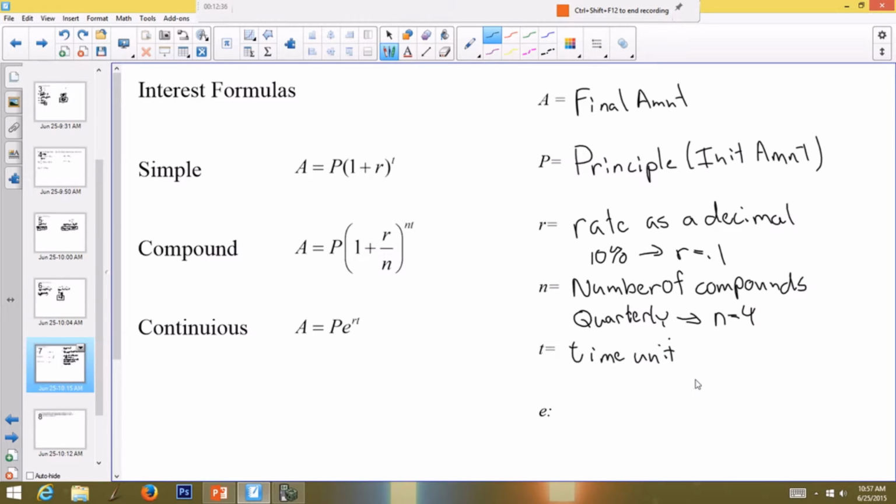A lot of times that's going to be years, but I say it's a time unit because you could do days, minutes, seconds, whatever you want it to be. Doesn't really matter. And e, again, is Euler's number, and that's located on your calculator. I'm going to show you that with my last example here.